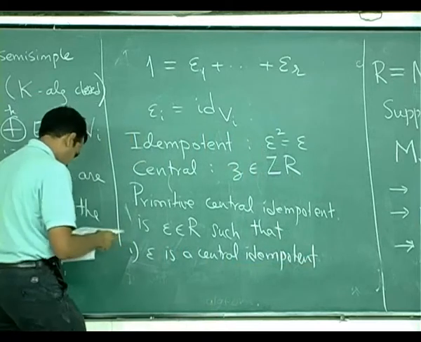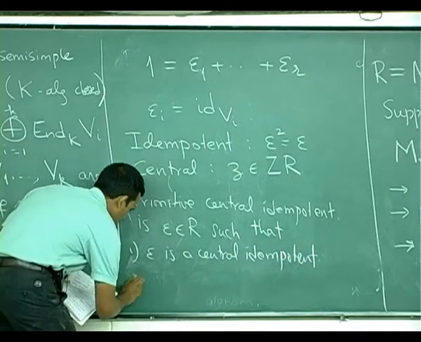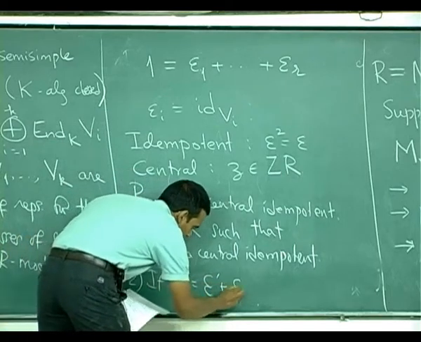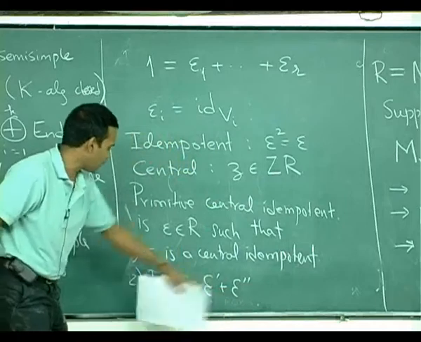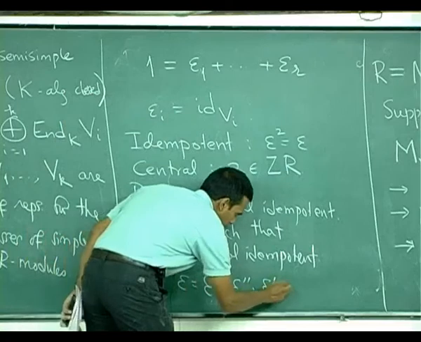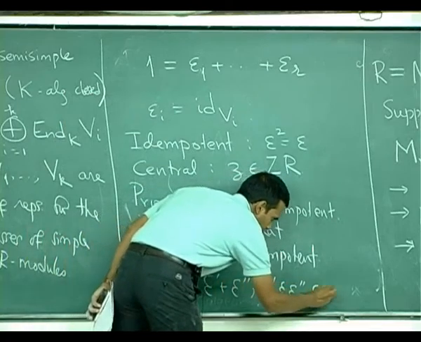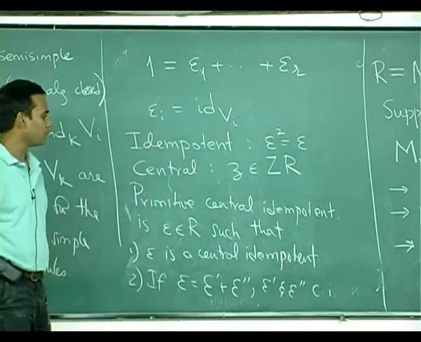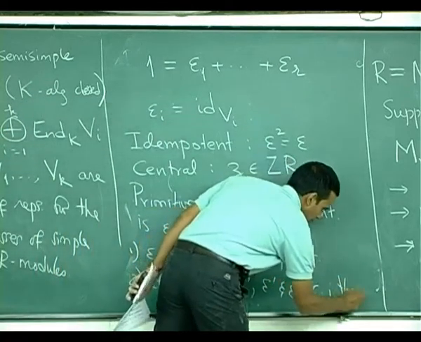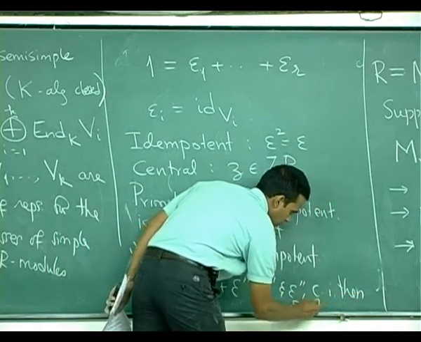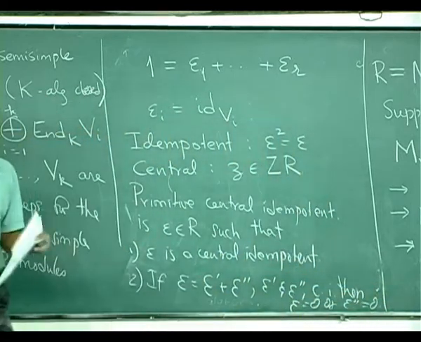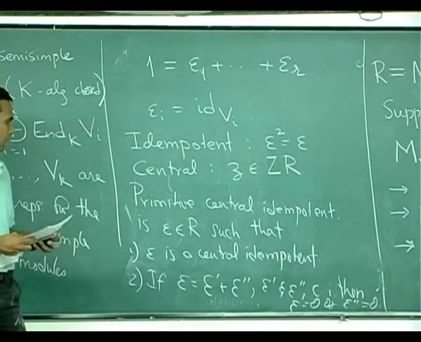So if epsilon equals epsilon prime plus epsilon double prime, where both epsilon prime and epsilon double prime are central idempotents, then either epsilon prime is 0 or epsilon double prime is 0. So you can't break it up into more central idempotents.